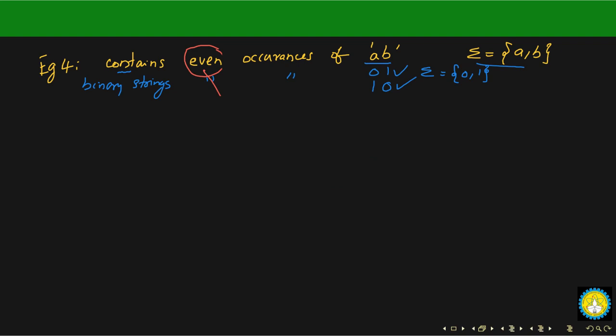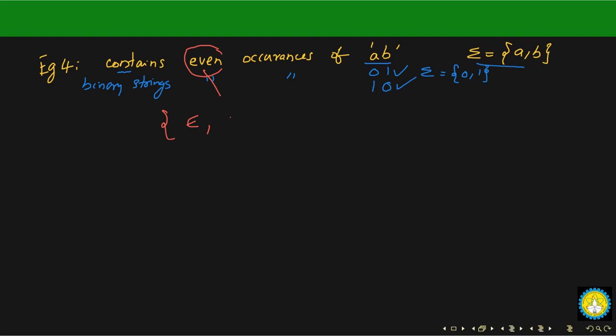So let us look at the very simple strings which have to be accepted by this DFA. As I've told already, the epsilon string should be accepted, because it contains zero occurrences of AB.